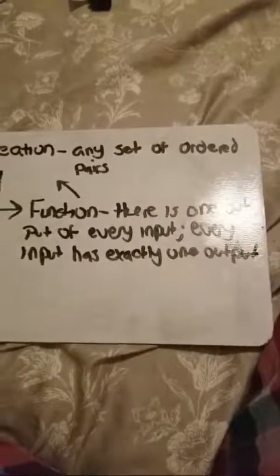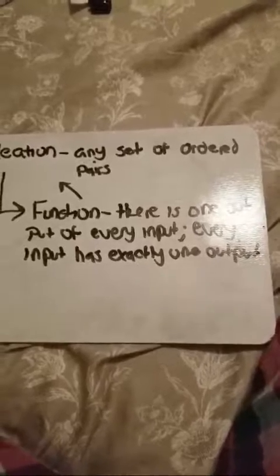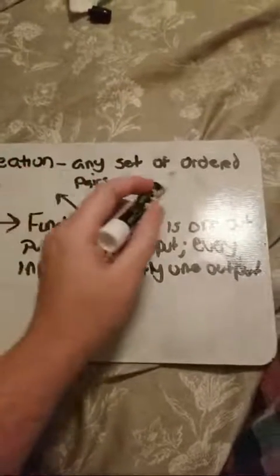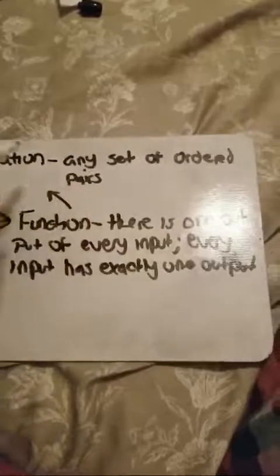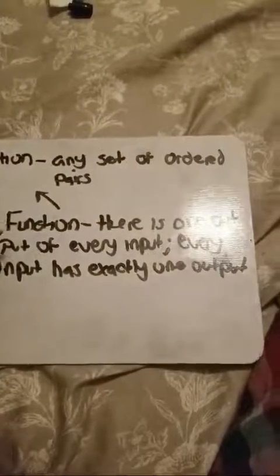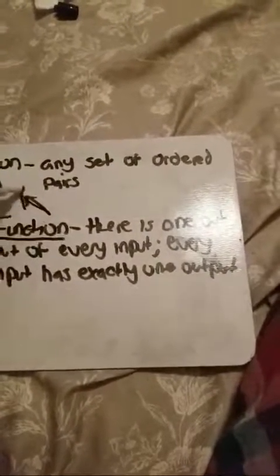Ava, leave me alone, all right? No, a relation is any set of ordered pairs, no matter what it is. The exactly one output is a function, which is a subset of a relation.